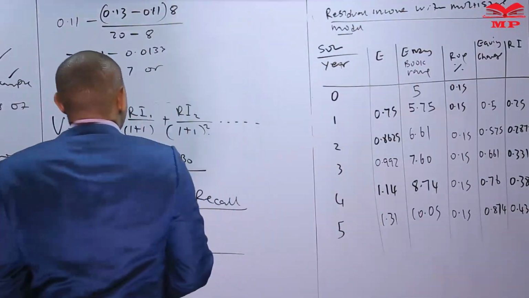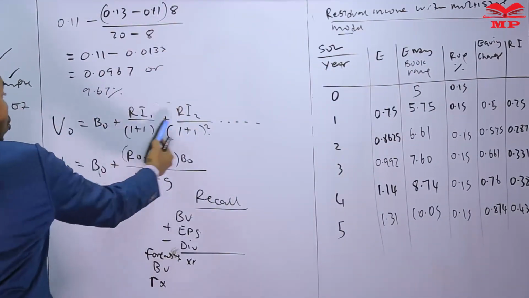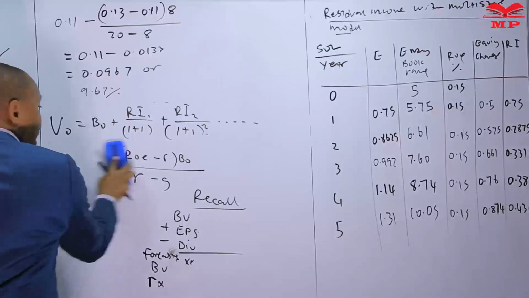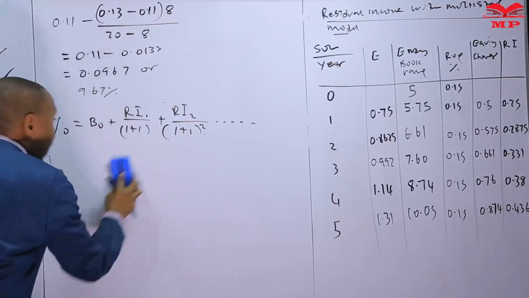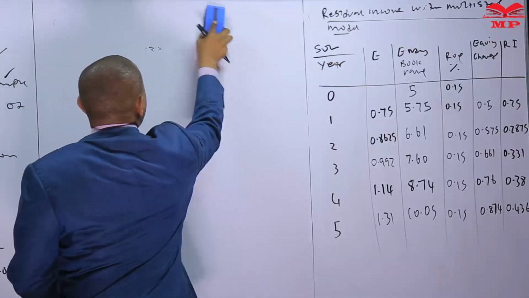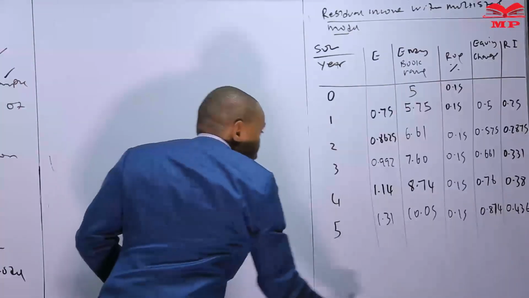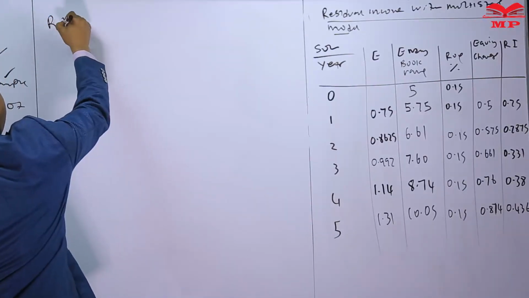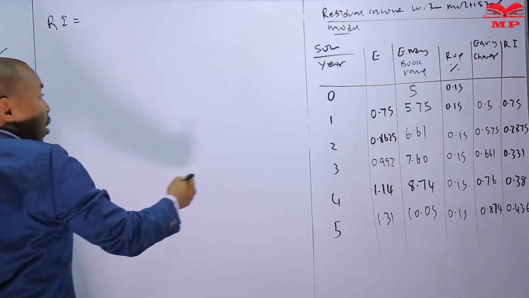Once we have that, we just combine them based on this formula right there, so that we can get the value of the share. So the beginning book value is how much?